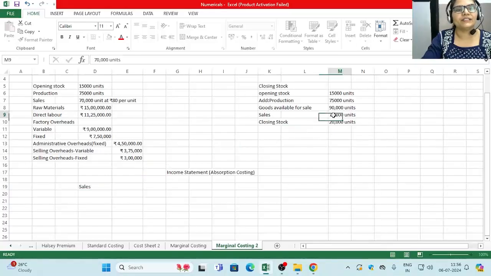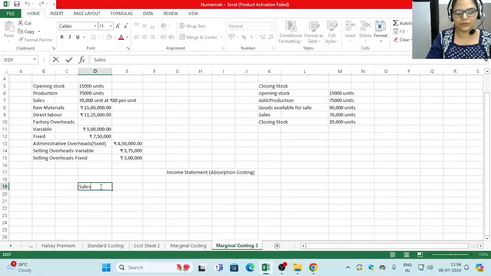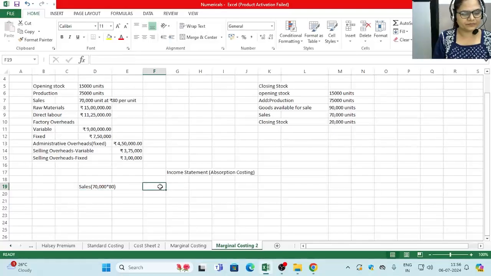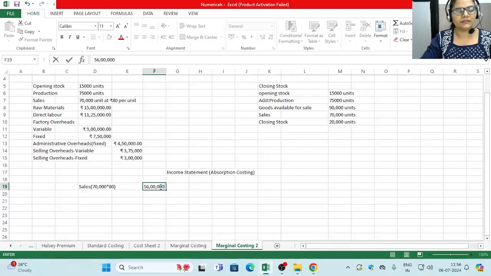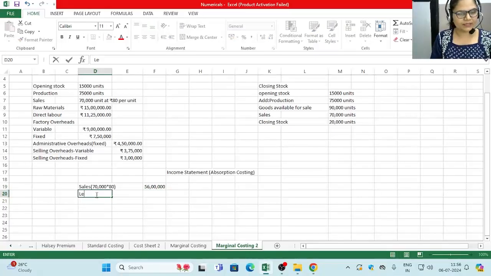Sales are 70,000 units at the rate of rupees 80 per unit. 70,000 multiplied by 80, we get 56 lakh as the answer.